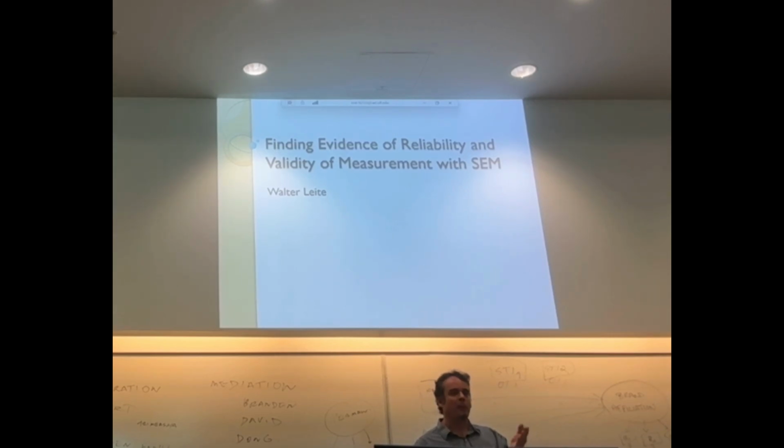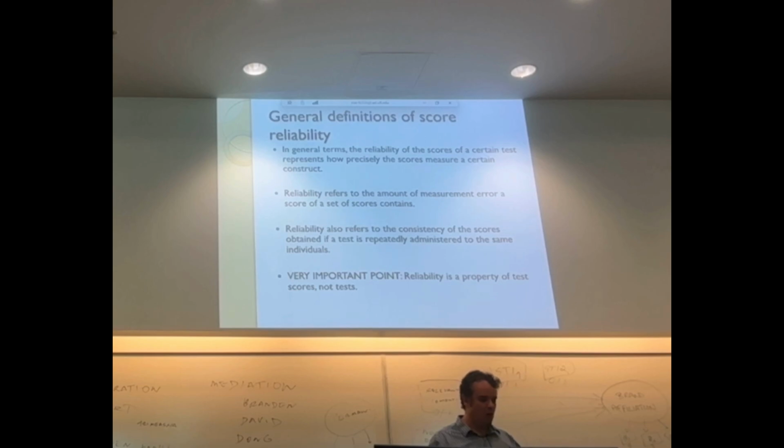Very simple example: I can measure your height with a ruler, and that will be a reliable measure of your height. But what if my proposed use of your height is to classify you as good drivers or bad drivers? That will not be a valid use of those scores, even though the scores are reliable, right?